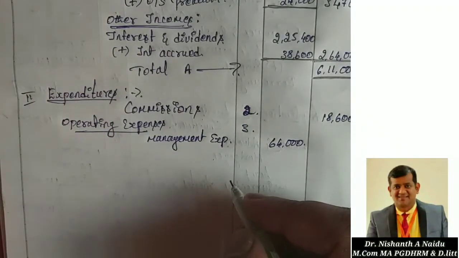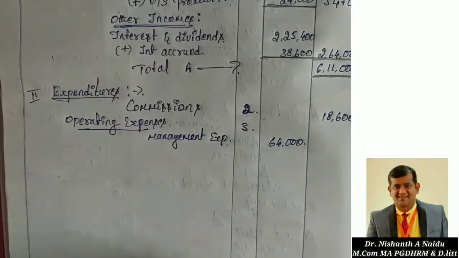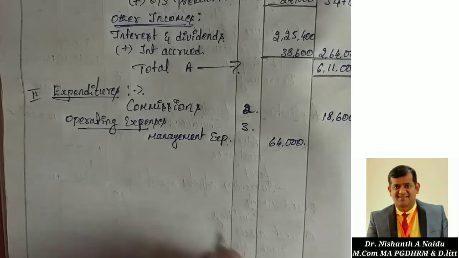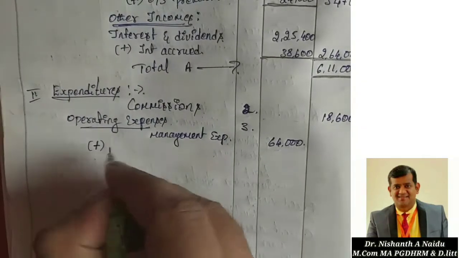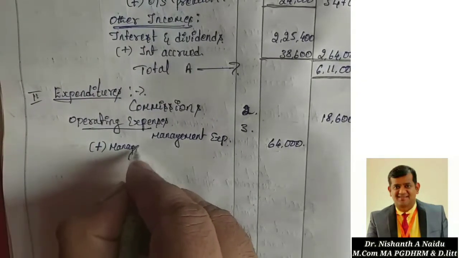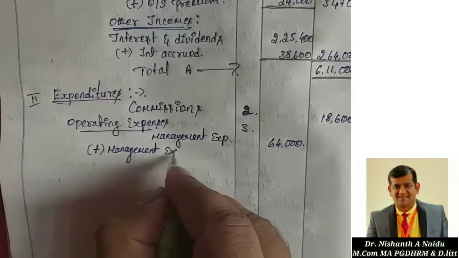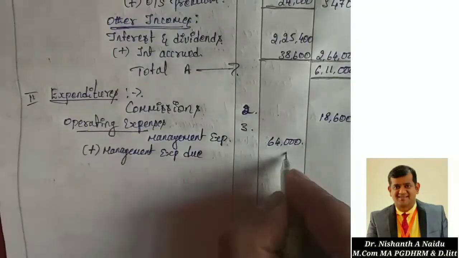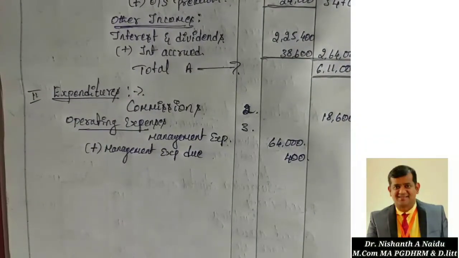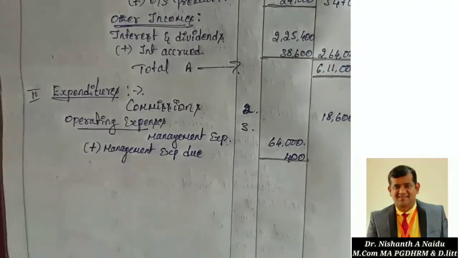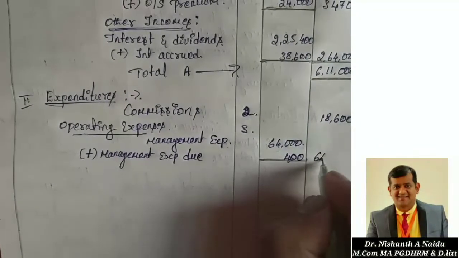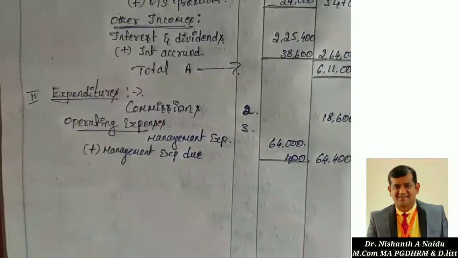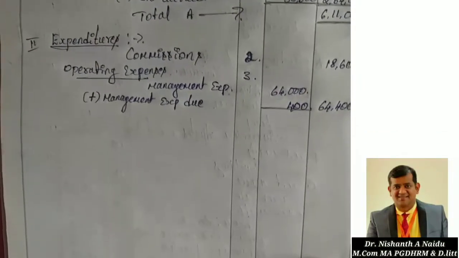Then you have one adjustment related to management expenses, adjustment number B: management expenses due rupees 400. So you should add management expenses due, 400 rupees. So now 64,400 rupees, outer column. Clear?